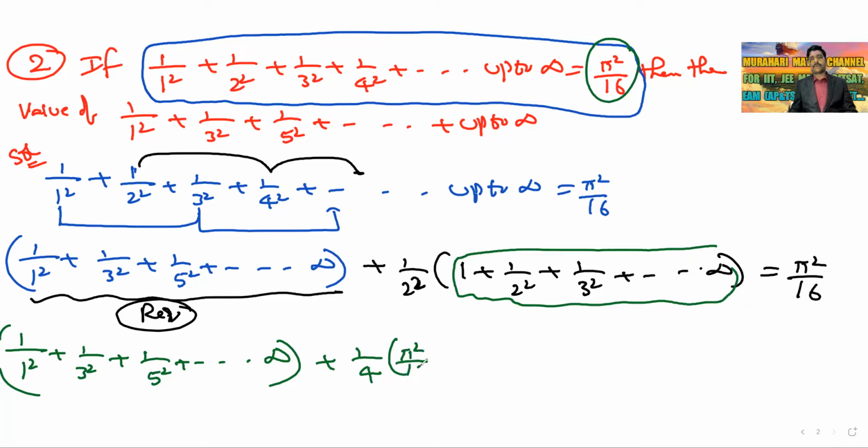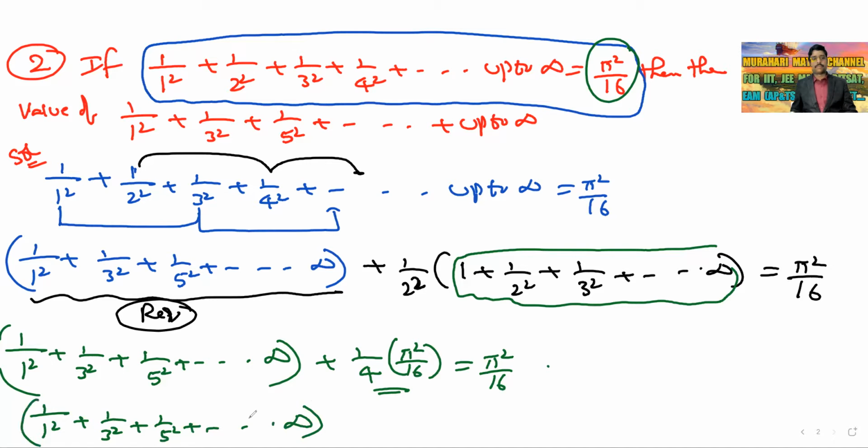Okay, pi square by 16 is equal to pi square by 16. So this positive value bring to the right side, it is going to be 1 by 1 square plus 1 by 3 square plus 1 by 5 square plus and so on up to infinity equal to pi square by 16 minus 1 by 4 times pi square by 16.